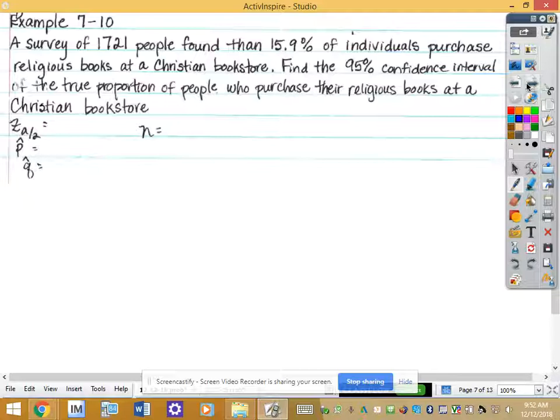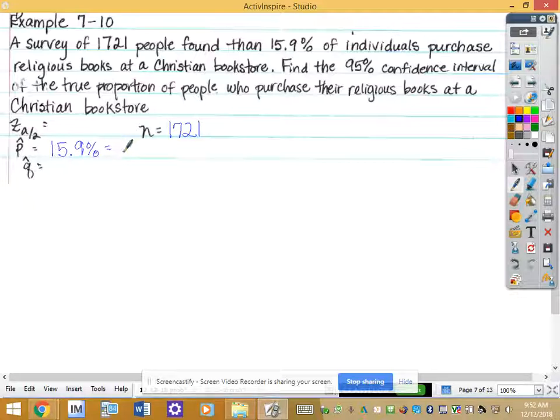So let's look at example 7-10. I have a survey of 1,721 people found that 15.9% of individuals purchase religious books at a Christian bookstore. Now that is my P because it's the percentage.